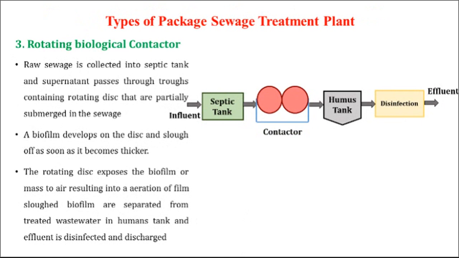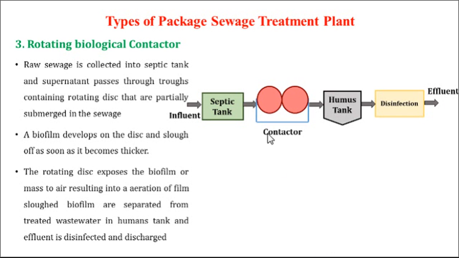The third type of packaged sewage treatment plant is the rotating biological contactor, also called RBC. Raw sewage is collected in the septic tank, and the supernatant passes through troughs containing rotating discs that are partially submerged in the sewage.